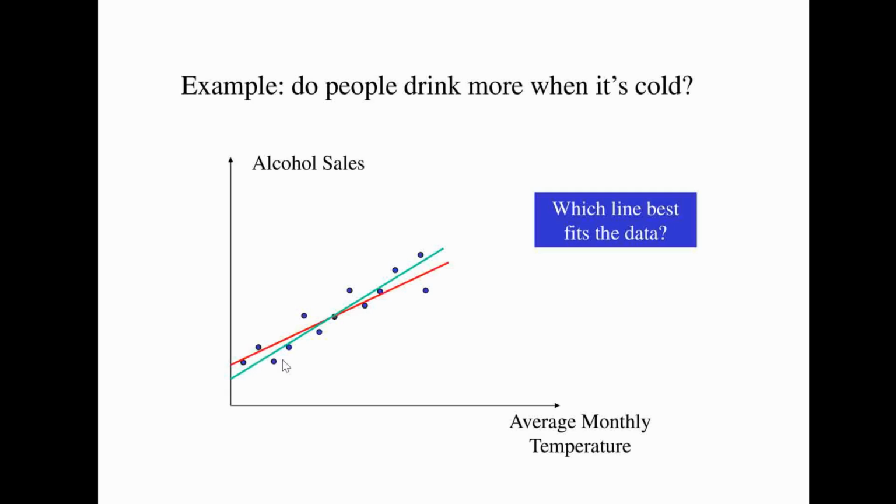Well, if the data is like this, it actually means that we can create a linear line with a slope, which is closer to these points.